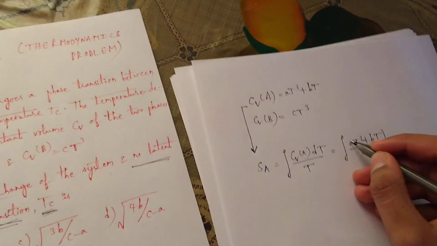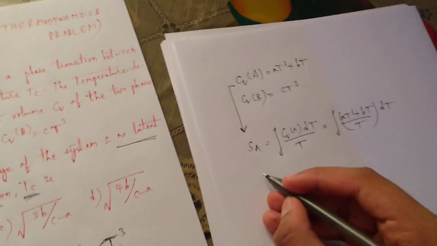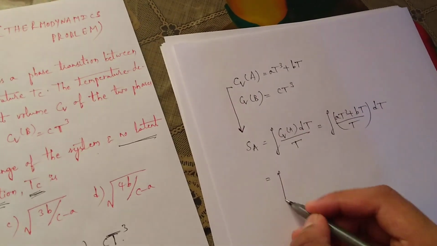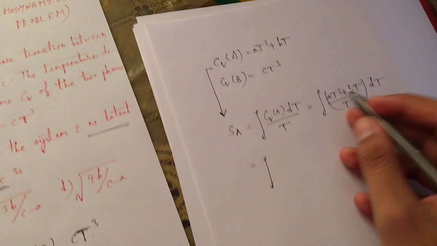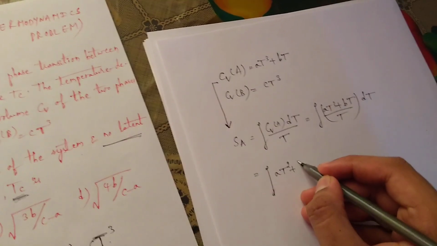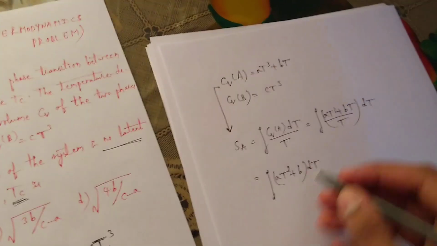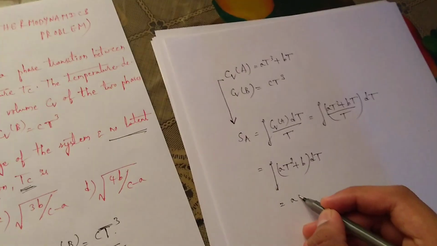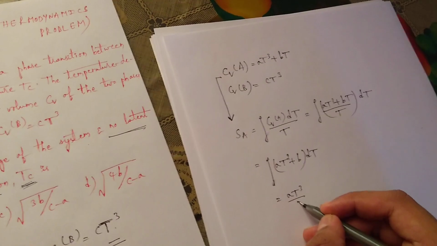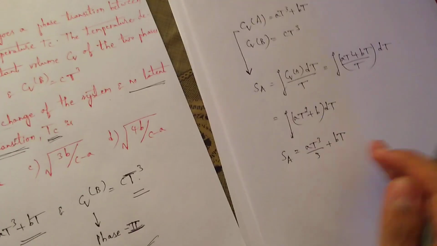Now what do we get? Taking the LCM, the integral of A T squared plus B dT. We have to integrate it, it's no big deal: A T cubed by 3 plus B T. This is the entropy for phase 1.